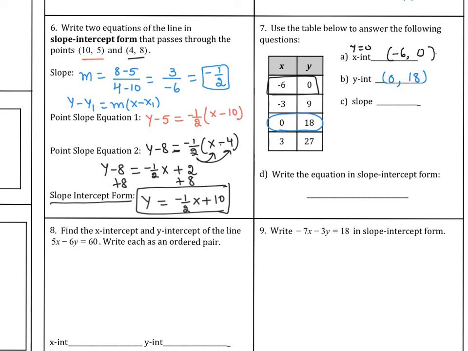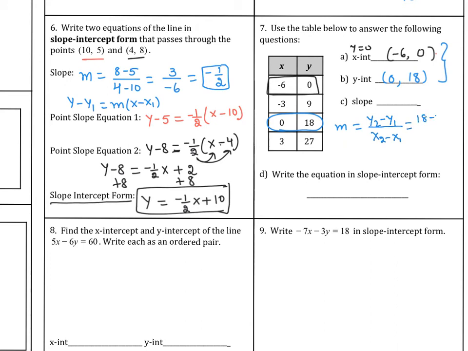To find the slope, we can use the formula on these 2 points, where you treat one of them as x1, y1 and the other one as x2, y2. And then apply the formula, that is y2 minus y1 divided by x2 minus x1.